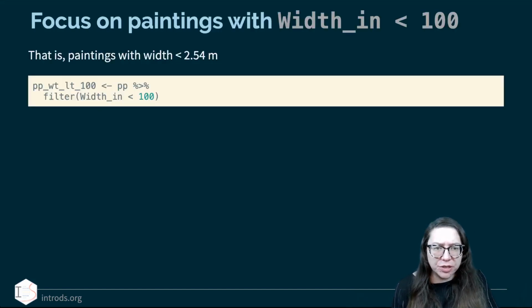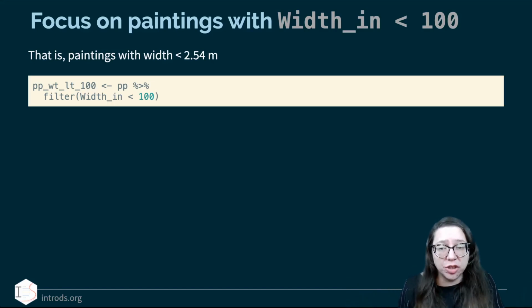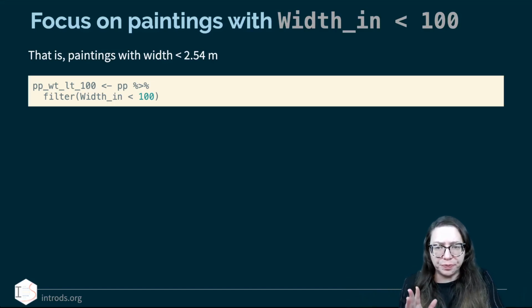What we're going to do is actually focus on paintings with widths less than 100 inches. That's about 2.54 meters, so those are really, really wide paintings. So we're going to chop off our data and work with paintings that are less than 100 inches.